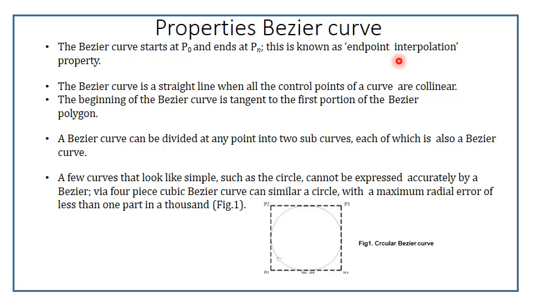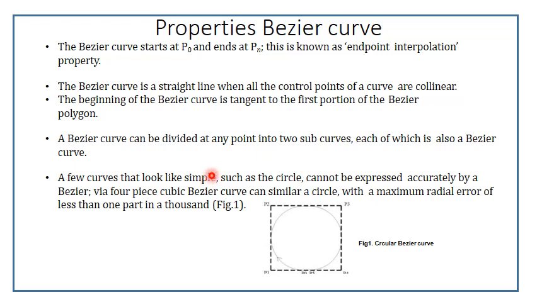This is also known as the end point interpolation property. In the previous slide we could view that the final curve, a sinusoidal curve, is obtained by the interpolation of the first point and the last point, which consists of 3 lines and 4 control points.